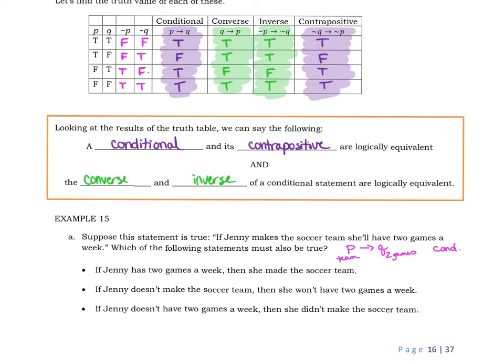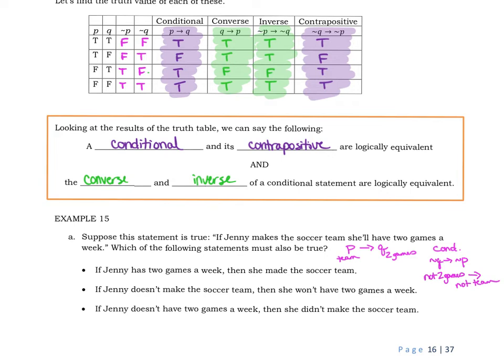So if we look at the contrapositive, that's not Q implies not P. What we want to do is find the statement of the 3 bulleted points that would be of the form not Q. So knowing that Q is about playing 2 games, she does not have 2 games a week. If she doesn't play 2 games, then not P, she did not make the team.